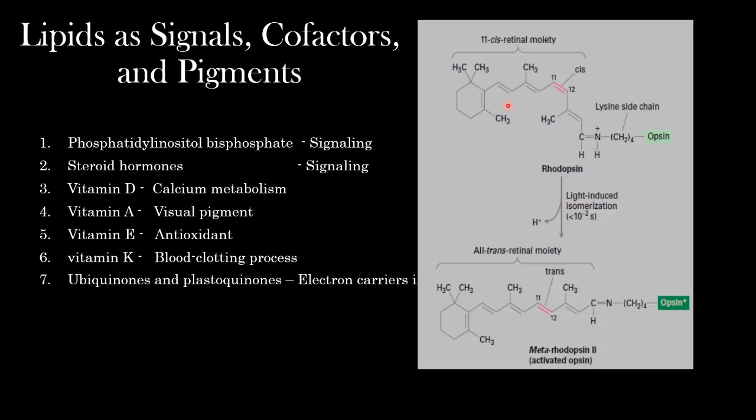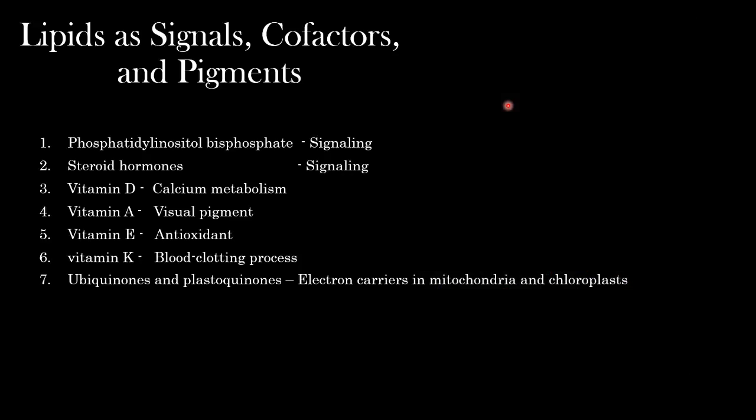The fifth one is vitamin E. We all know that it is a good antioxidant, and it also has a role in fertility. Researchers found that mice on a vitamin E deficient diet are sterile, so vitamin E plays an important role in our fertility. And next is vitamin K. Vitamin K helps in blood clotting.